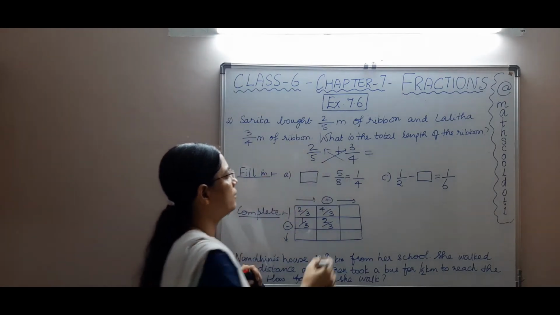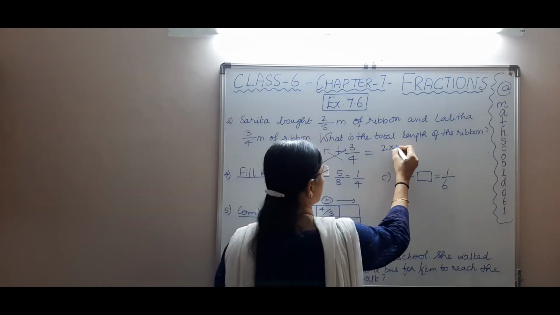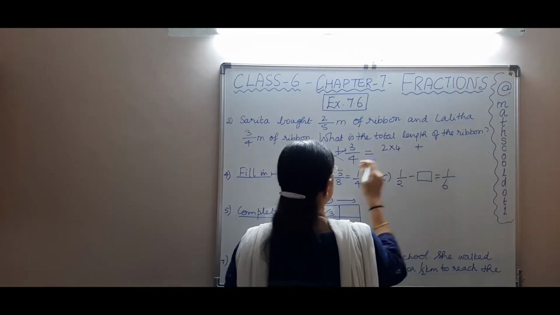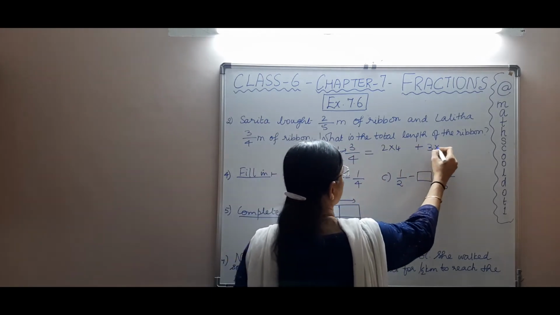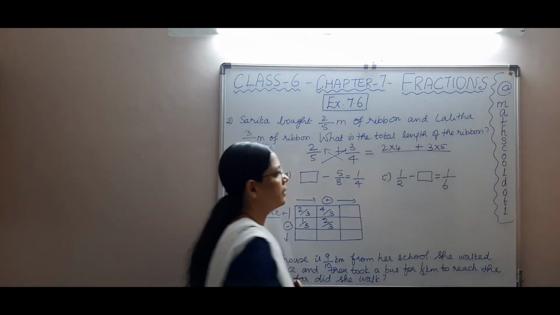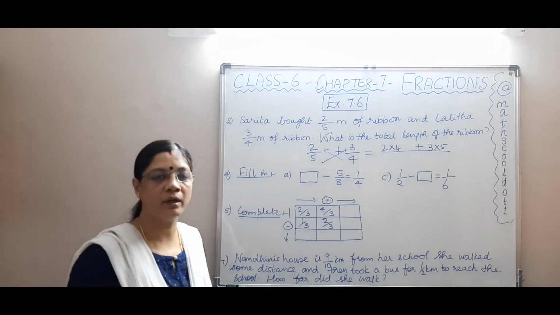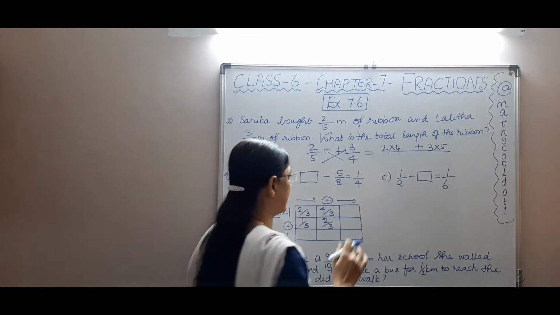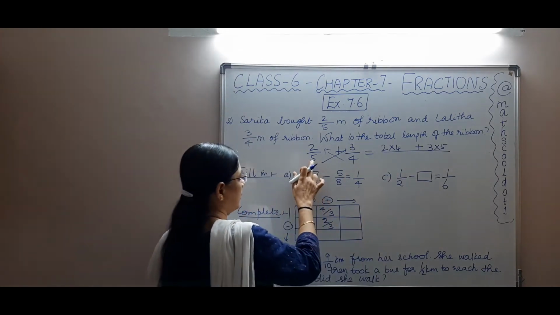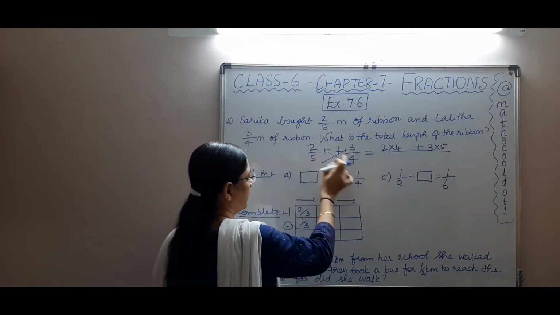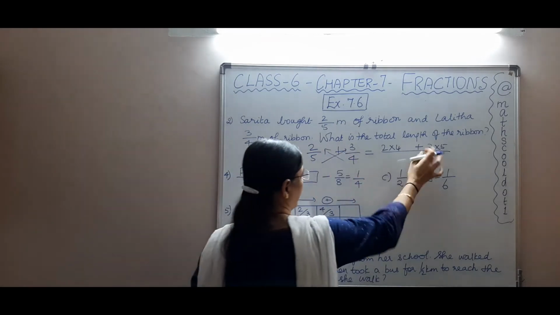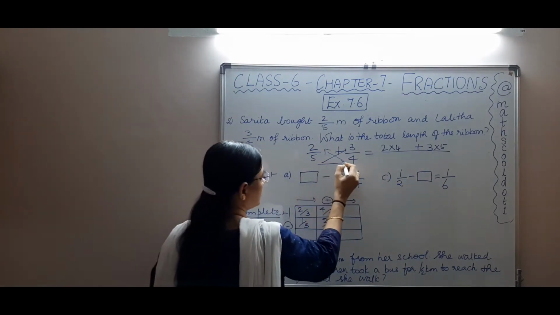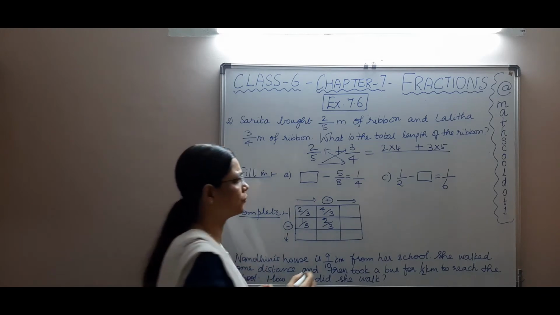You multiply 4 with 2. See, 2 into 4 plus 3 into 5, and you have the common denominator. When the denominators are the same, we can put one denominator, isn't it? After cross multiplying, you just multiply these two denominators. 5 into 4, what is 5 into 4?